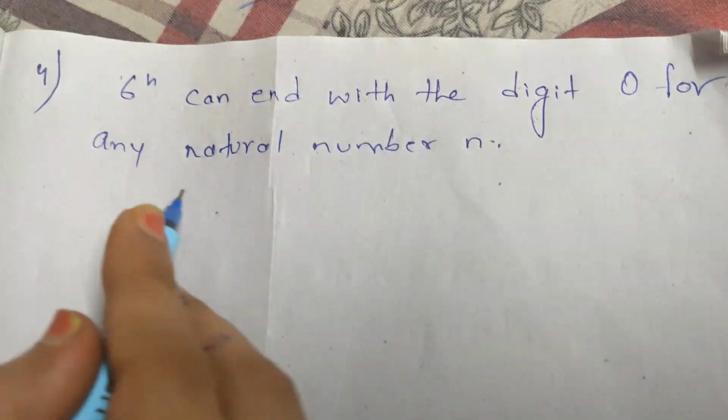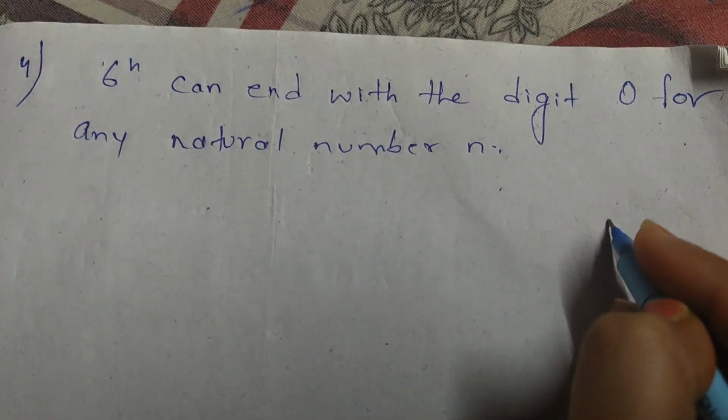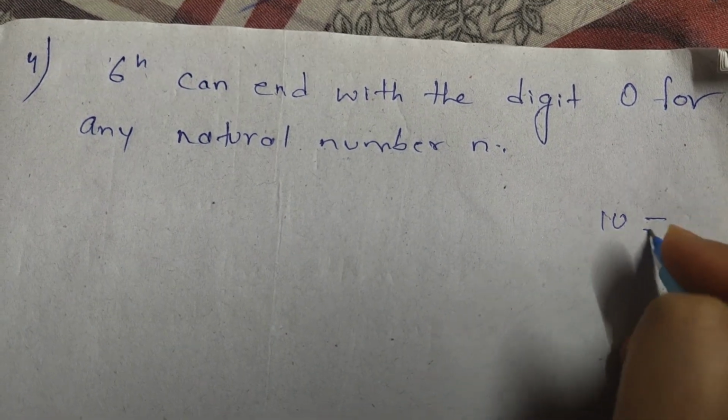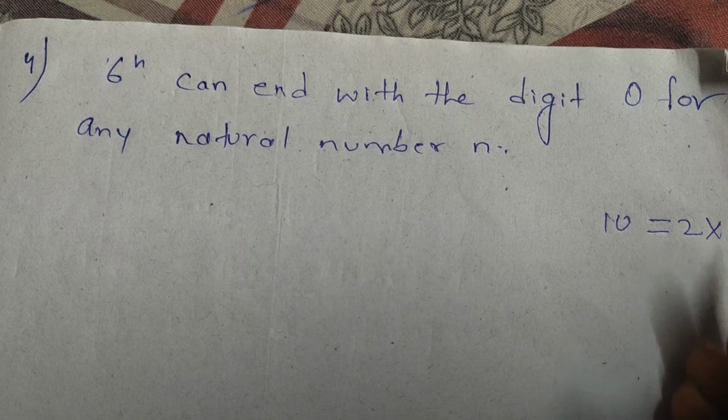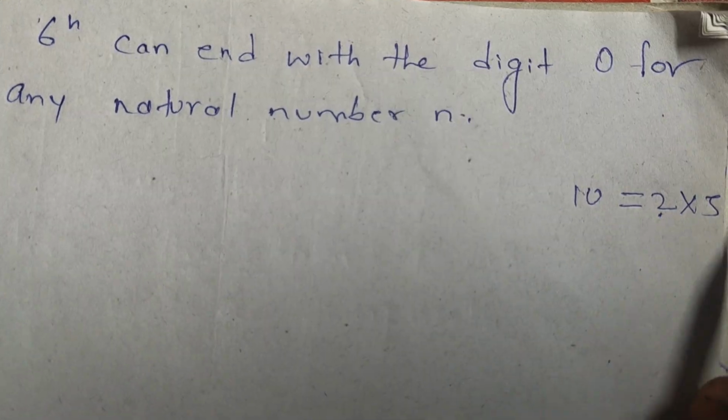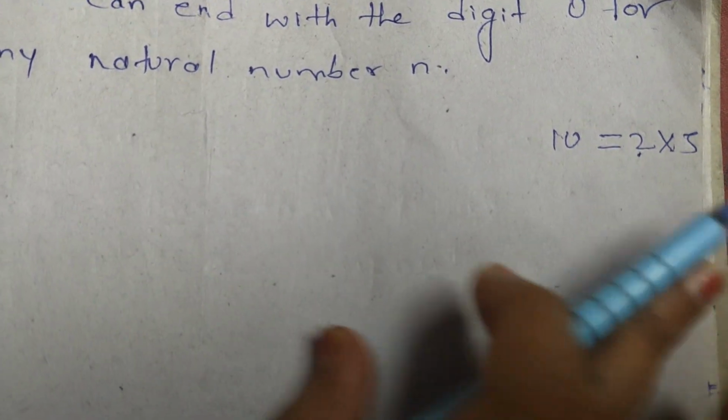Since the factors of 10 are 2 into 5, it must be divisible by 2 and 5.